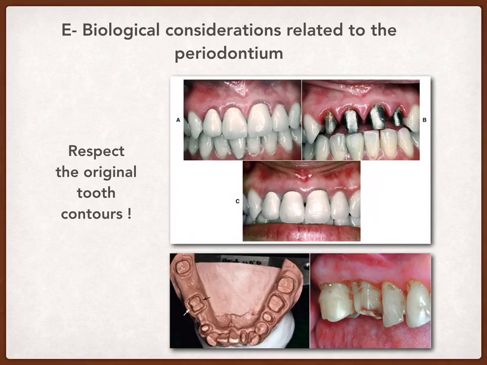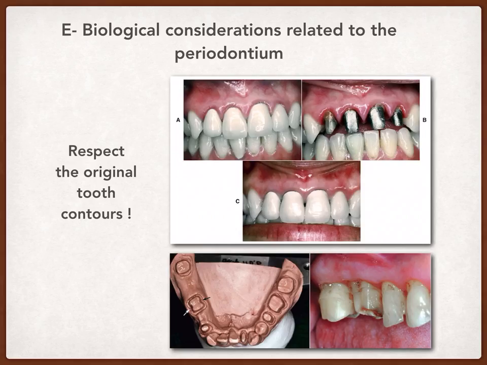In picture B, the restorations were removed and the teeth were recontoured, and in picture C we can see that the gingiva is not swollen and is in a healthy condition without any periodontal disease, because the teeth are contoured in a very good manner and not over contoured.